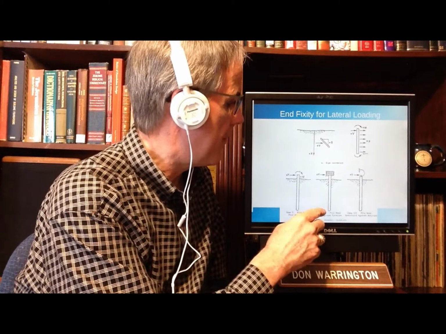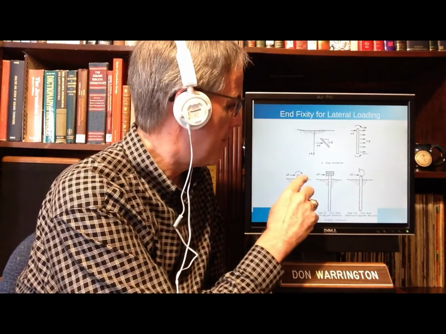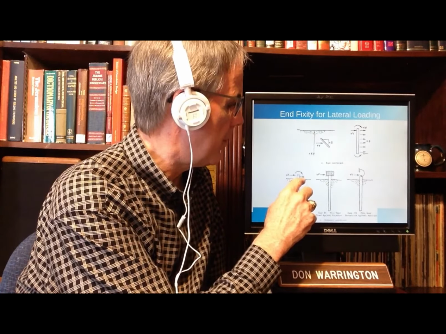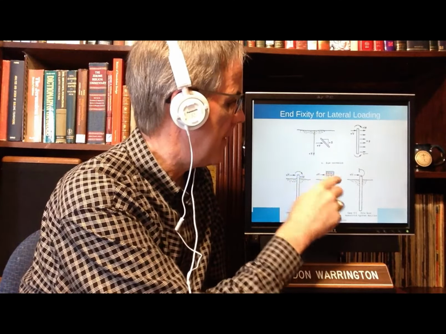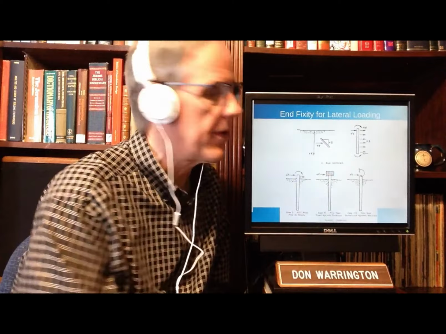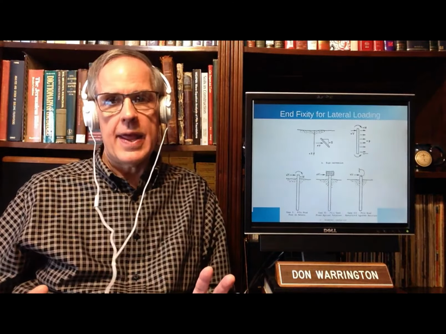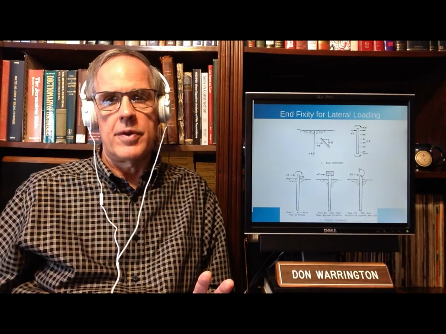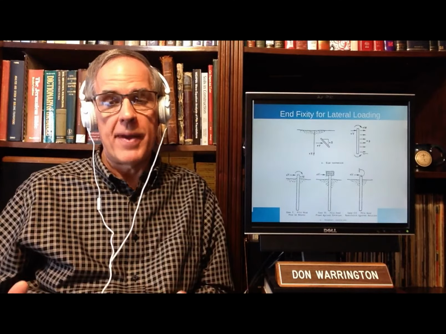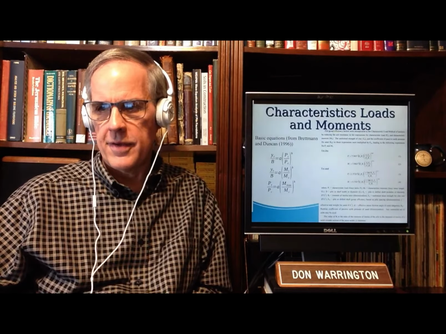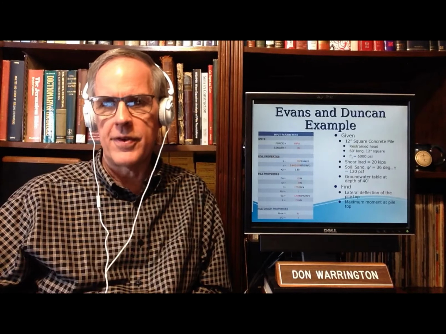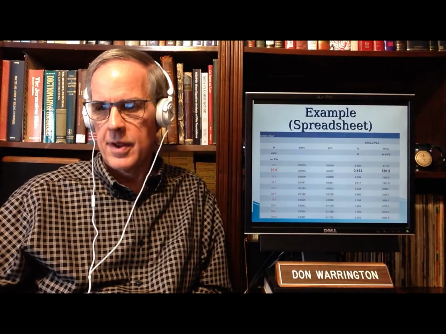If you have a fixed head, you don't have this induced moment. What you have is the fixity of the head. The head has to stay perfectly vertical, and the head essentially induces its own moments based upon that. So that's the key difference between a fixed or restrained head, and a free head.